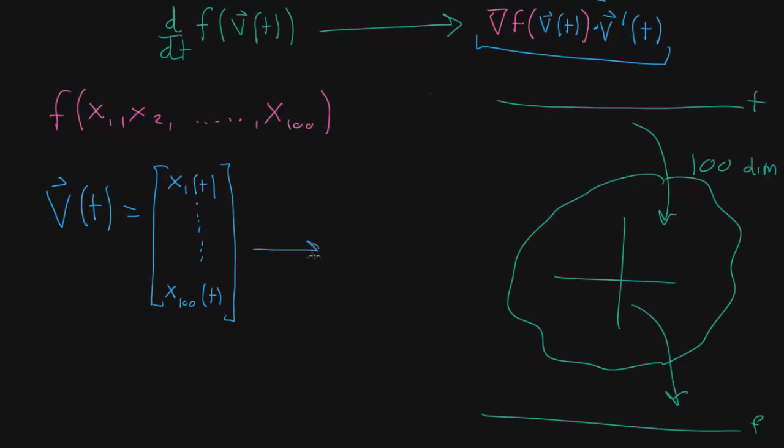So when you take the derivative with respect to t, all that means is that each component, you're taking the derivative of it: dx1/dt, dx2/dt, on and on until dx100/dt. So this was the vectorized form of the multivariable chain rule.